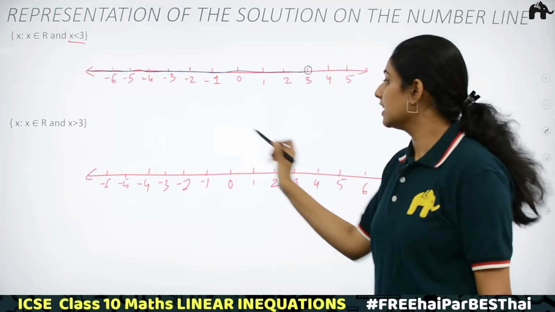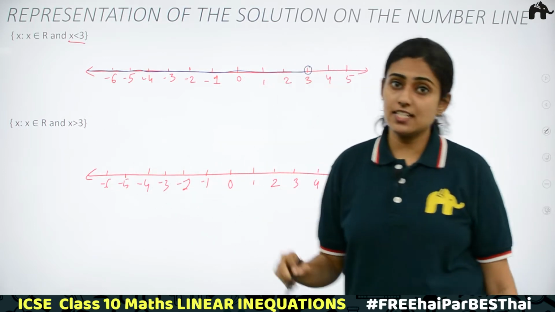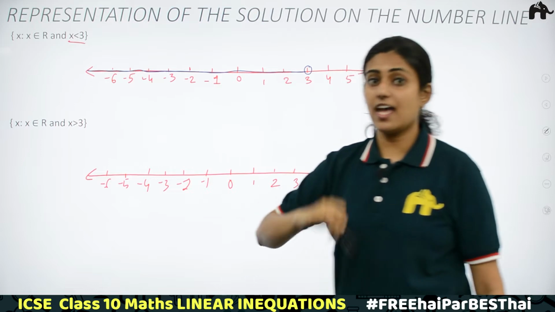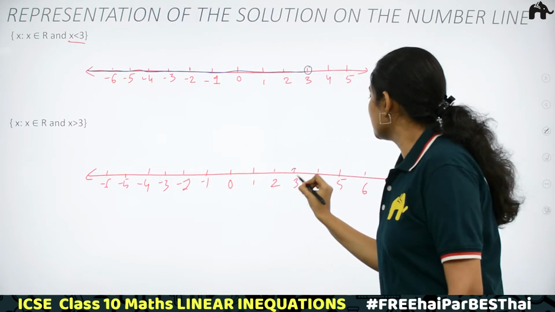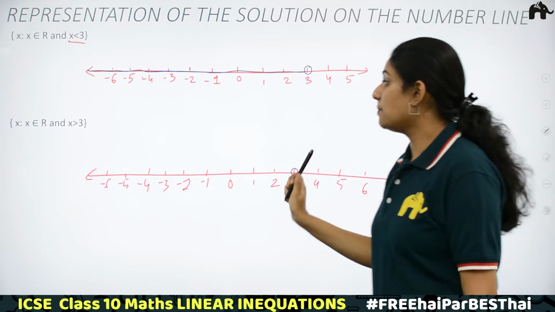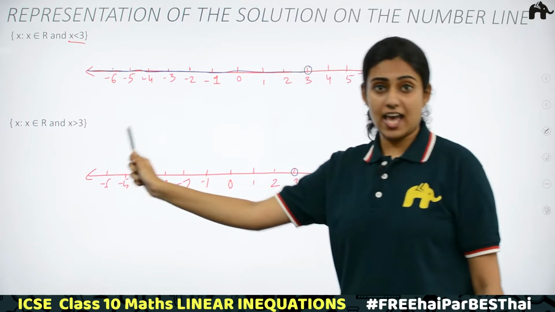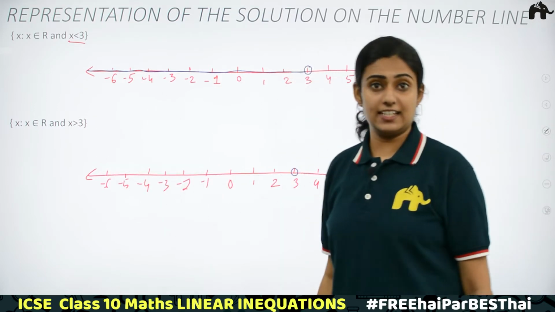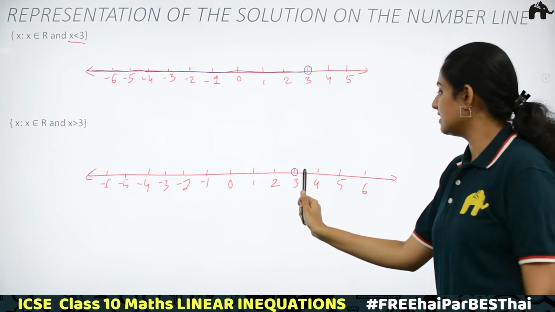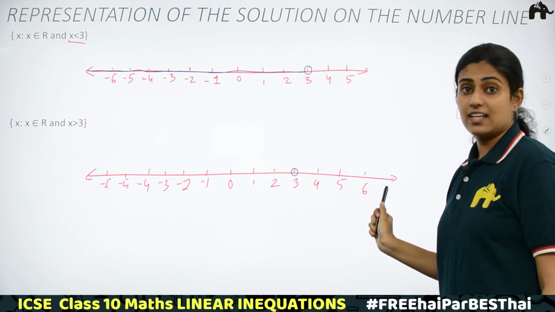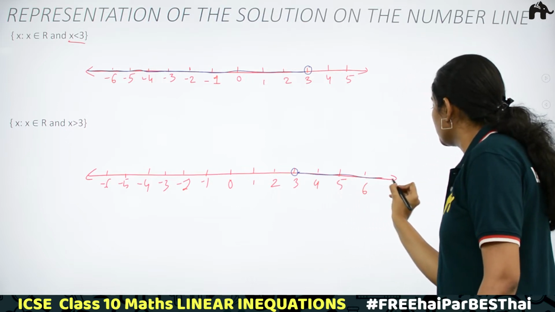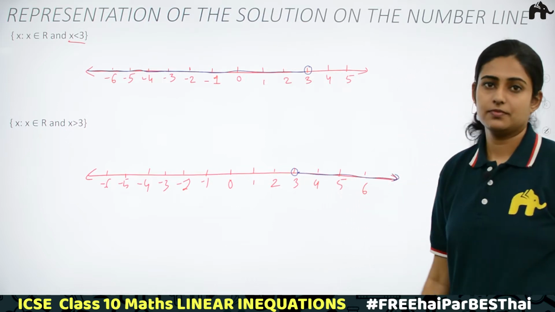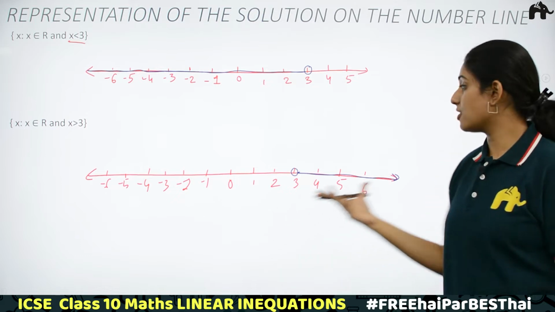This is 3. This is again a strict inequality. Greater than and less than are the strict inequalities. Here we mark the 3 and any point that is greater than 3. Darken this up to the positive infinity.